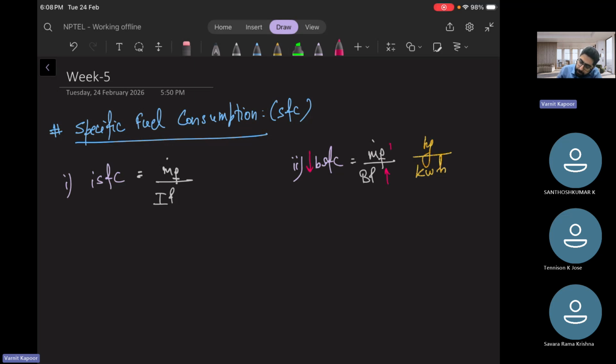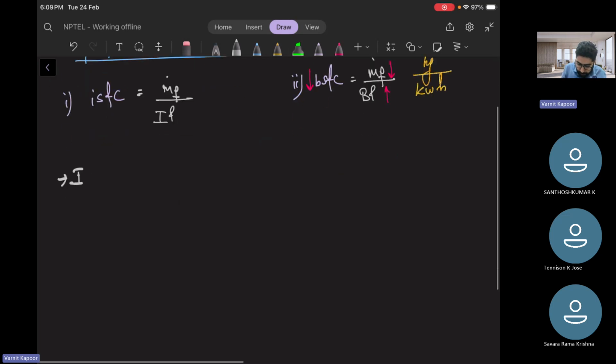And if my fuel consumption is less, then also my brake specific fuel consumption is less. So it gives the performance of an engine, and from here we came across the term economy. What is the economy or mileage of a vehicle? So it gives the performance of an engine.